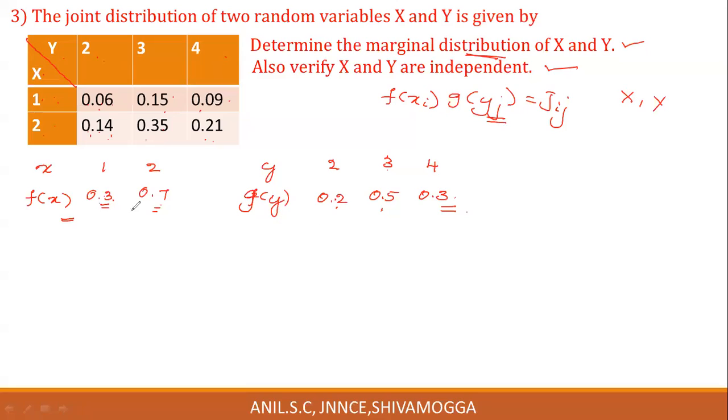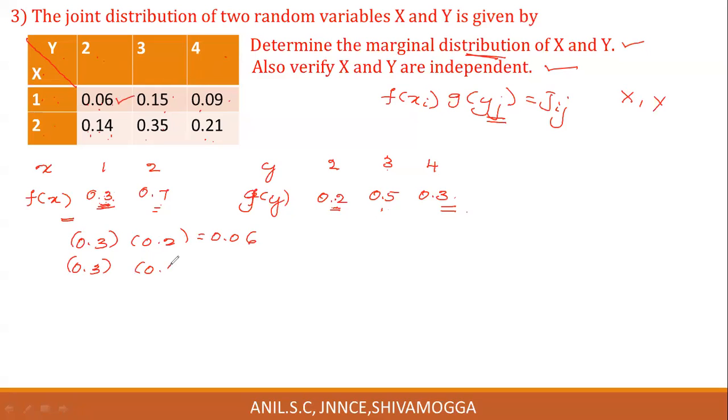0.3 into 0.2. This is equal to 0.06. This is right. Next, 0.3 into 0.5.